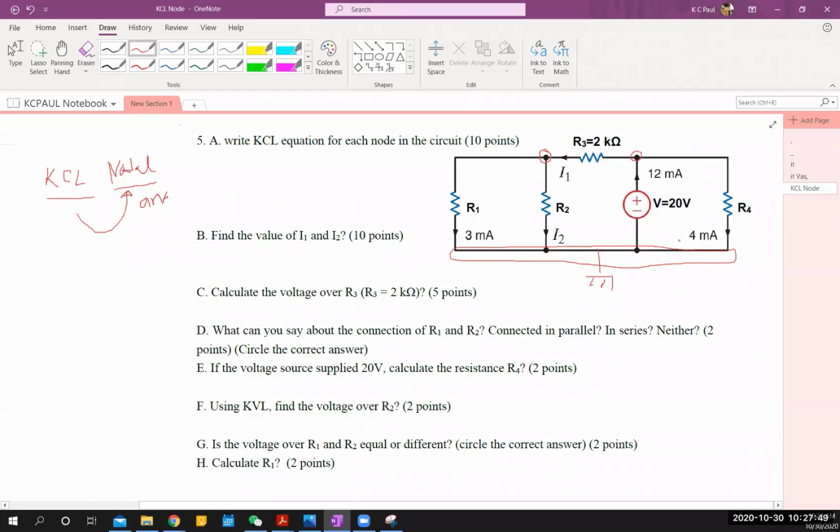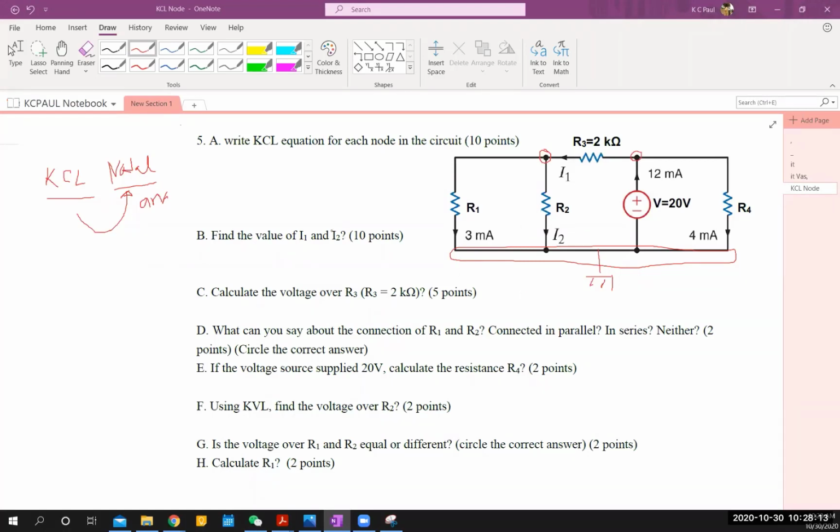Now, how many KCL expressions are required for this circuit to solve? Any idea? Okay, 3. That's right.